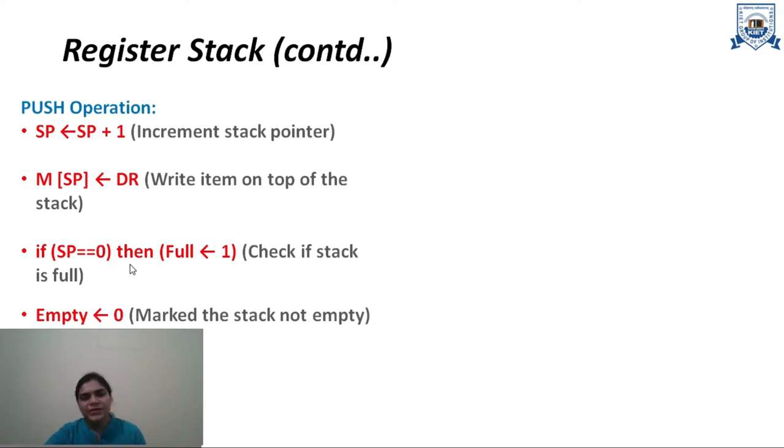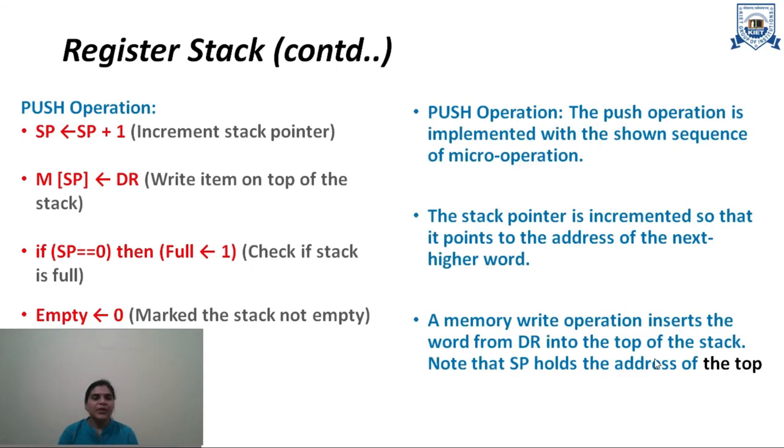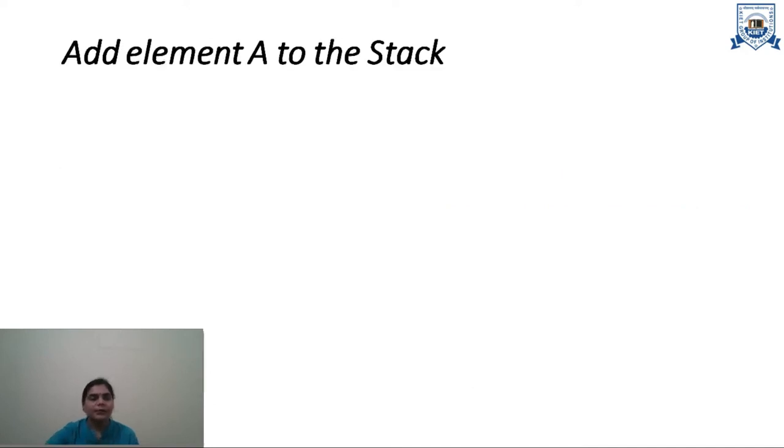After making insertion, the stack will no more be empty, so we will assign 0 to the empty register. So in a push operation, first of all, we will increment the stack pointer, then we will copy the data into the stack. Next, we will check the full condition of the stack, and next we will reset empty to 0.